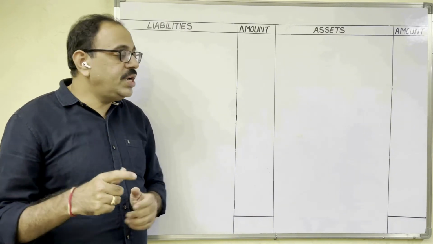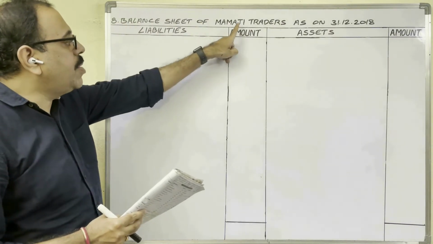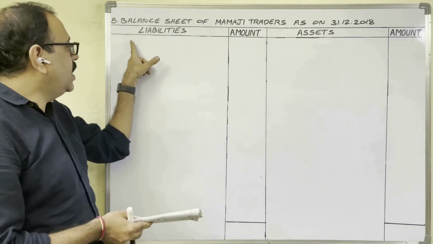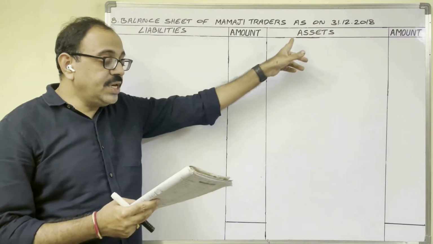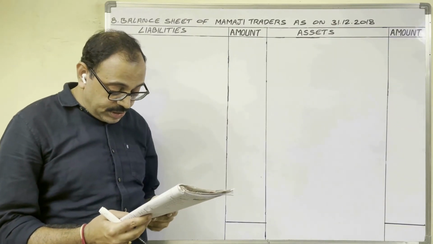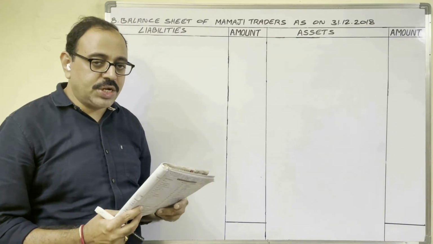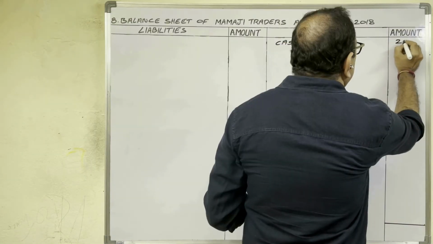So only liabilities we have to take here. Balance sheet heading. Balance sheet of Mamaji Traders as on 31st December 2018. Liabilities amount, assets amount. First debit column means here assets. Cash at bank 2,000 rupees. Bank balance is asset now. Asset side. Cash at bank 2,000 rupees.